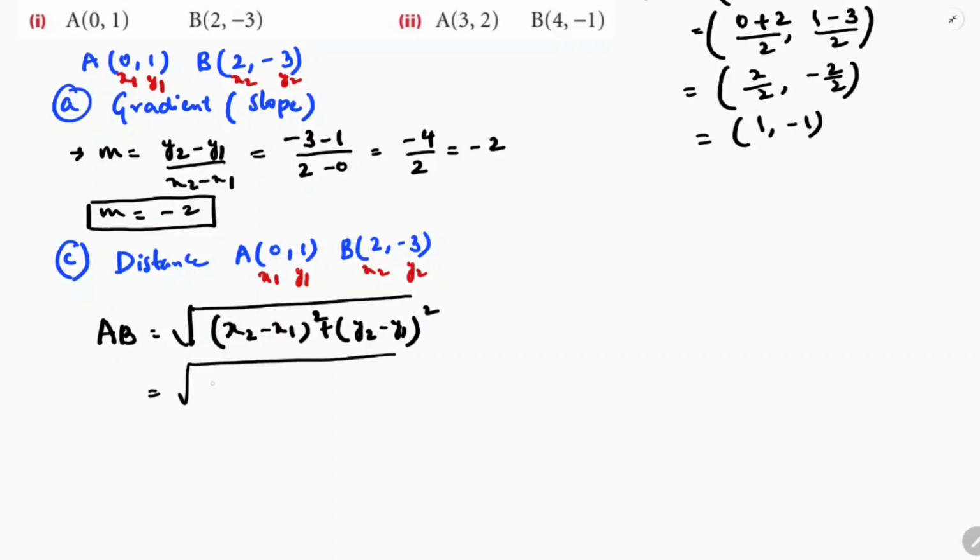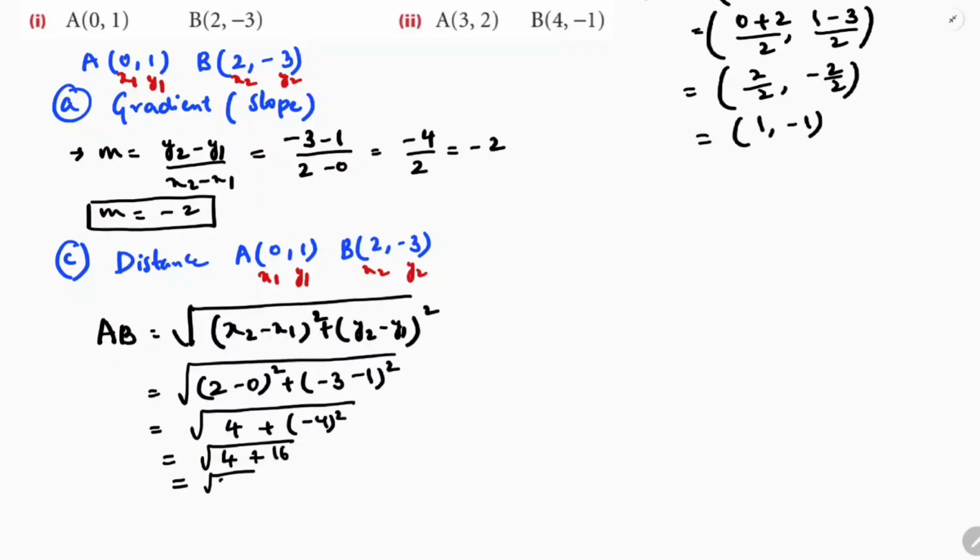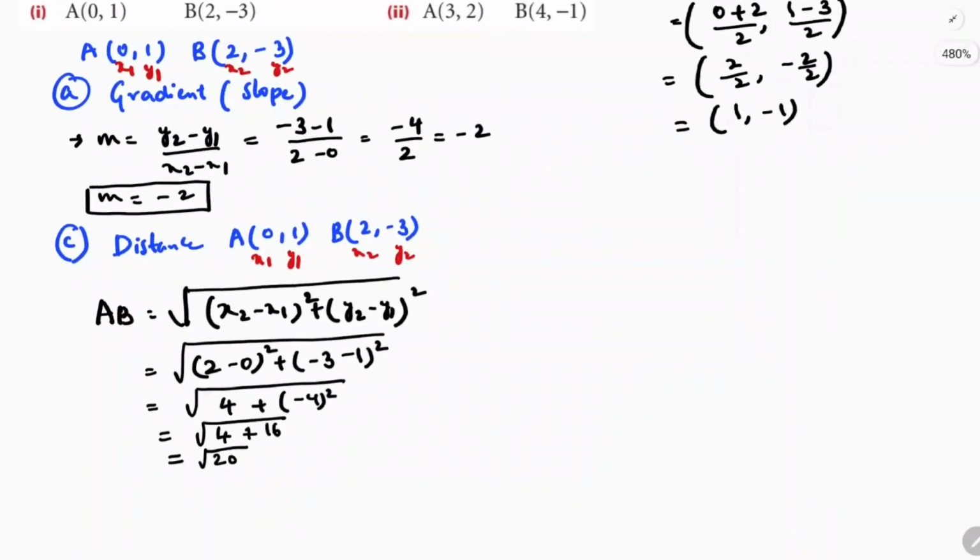Under root, (2 minus 0) whole square plus (minus 3 minus 1) whole square. So 2 square is 4, plus minus 4 whole square, 16, so 4 plus 16 is root 20. Root 20 you can write as 2 into root 5. So AB distance is 2 root 5 units.